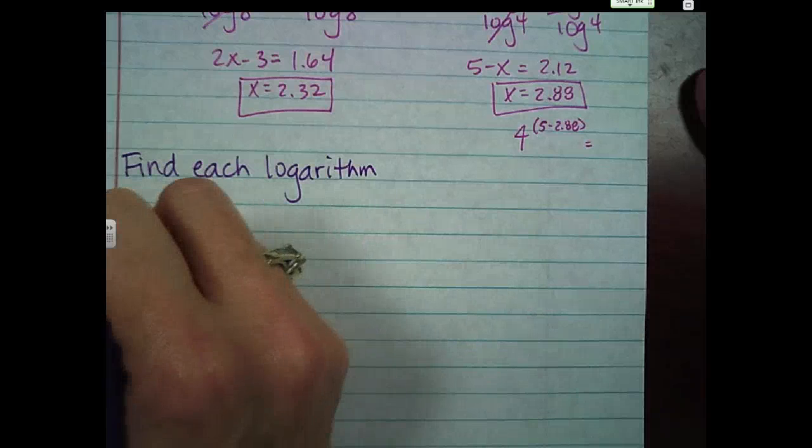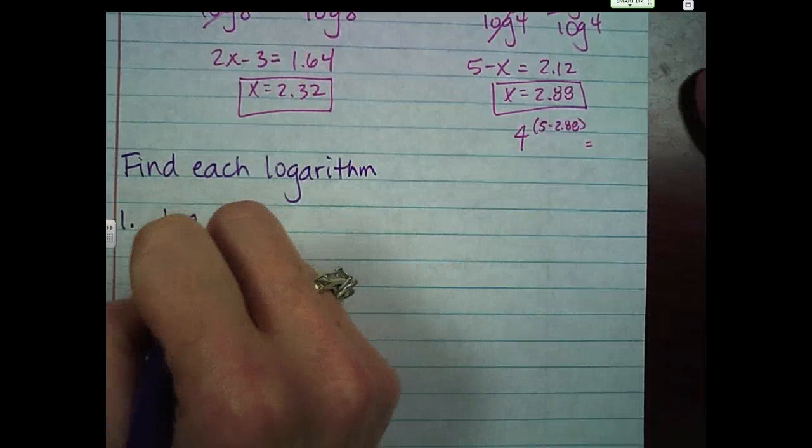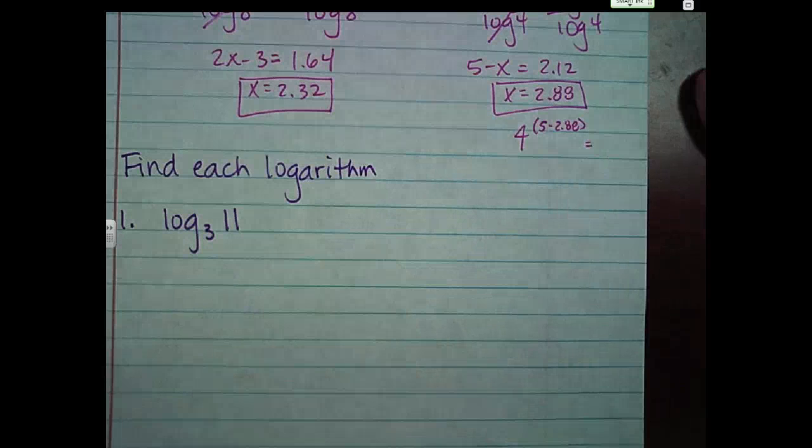So for number 1, if I told you log base 3 of 11. Now these problems with no calculator, we would have to rewrite with a common base and then the exponents are equal. But can you rewrite 11? No. Can you mathematically easily get from 3 to 11? No. I'm looking for the log, I'm looking for the exponent.